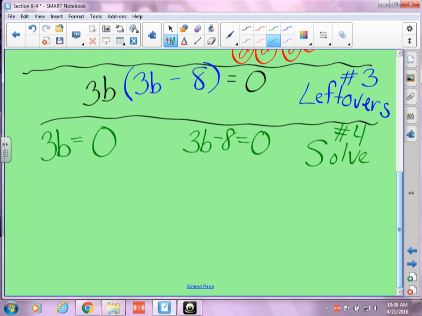So I set each piece equal to 0, the GCF and the stuff in the parentheses, my leftovers. Okay, how do I solve for the first part? Divide by 3. B gives me big fat 0.